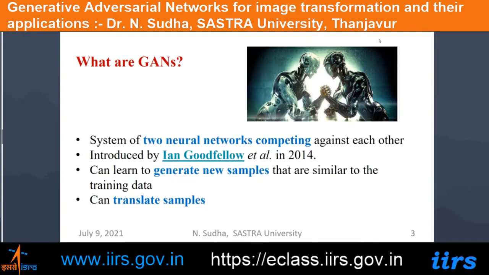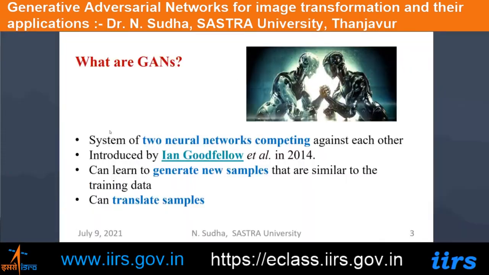And adversarial means it actually has two separate networks, one fighting with the other. So it is in the competitive mode. It is a system of two networks competing against each other, and it was introduced by Ian Goodfellow in 2014.